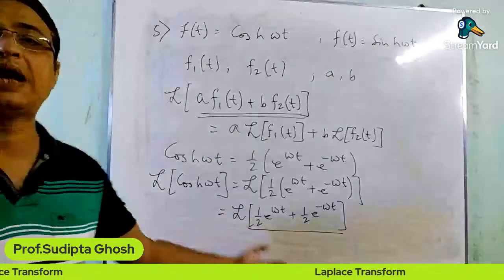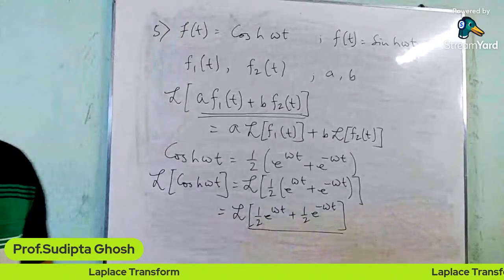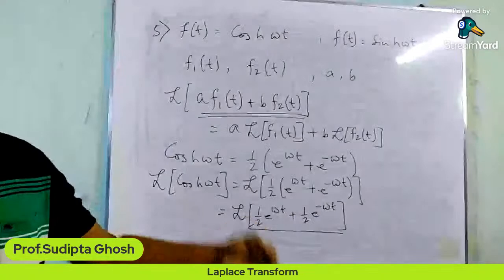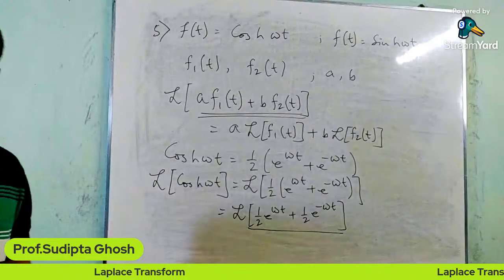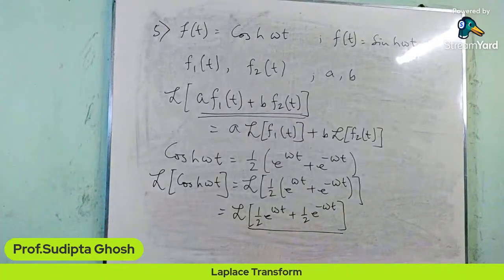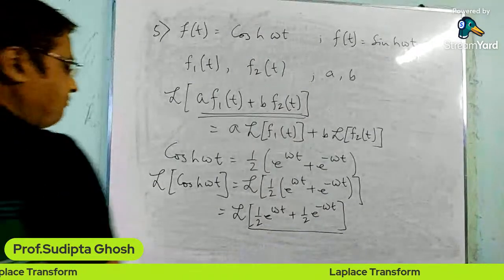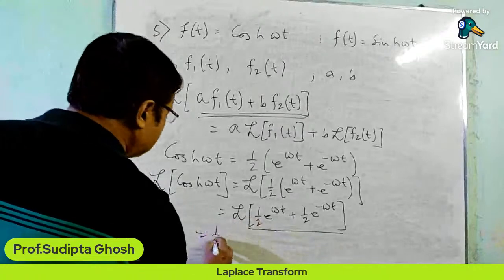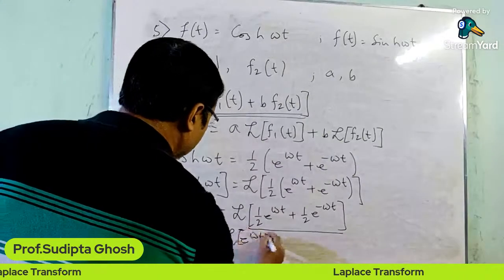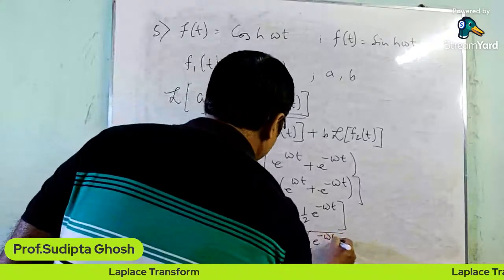Here we have a as half, f1t as e to the power omega t, and half f2t, that is half e to the power minus omega t. We already know the transformations of e to the power omega t and e to the power minus omega t, just now we found their values, so we can write it as half Laplace transform of e to the power omega t plus half Laplace transform of e to the power minus omega t.